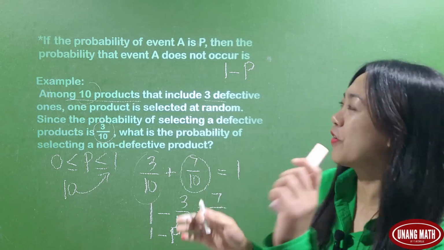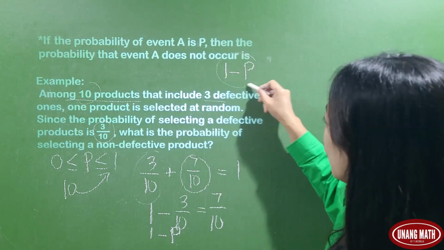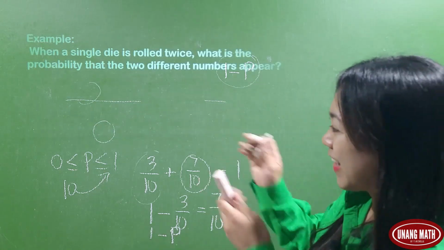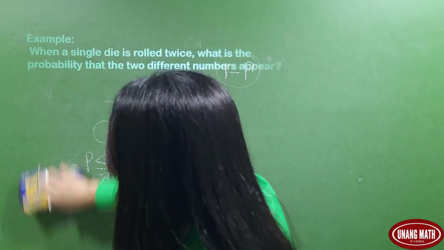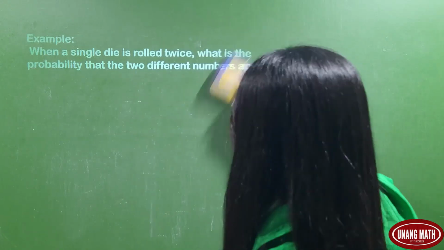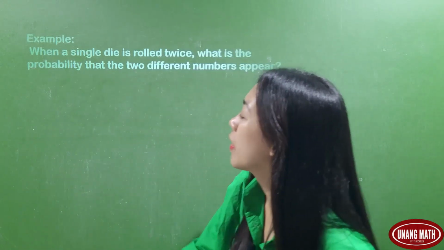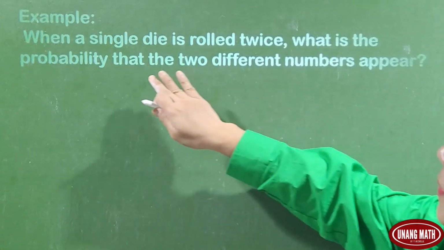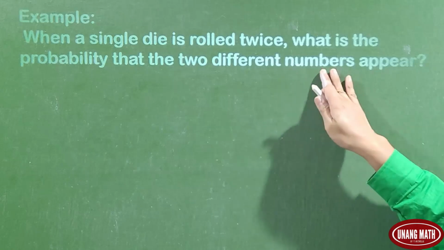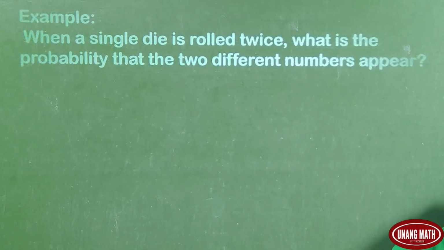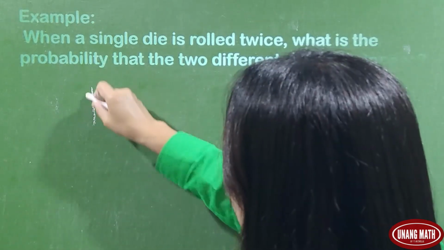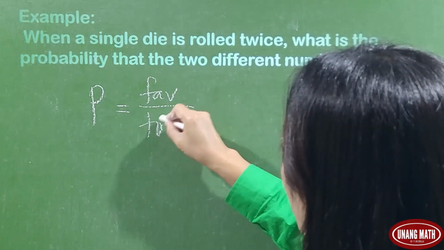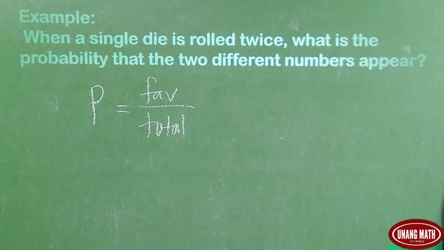What other situations are we going to use this formula 1 minus P? Let's take a look at another problem. When a single die is rolled twice, what is the probability that two different numbers appear? We know that probability is the favorable outcome over the total possible outcome.